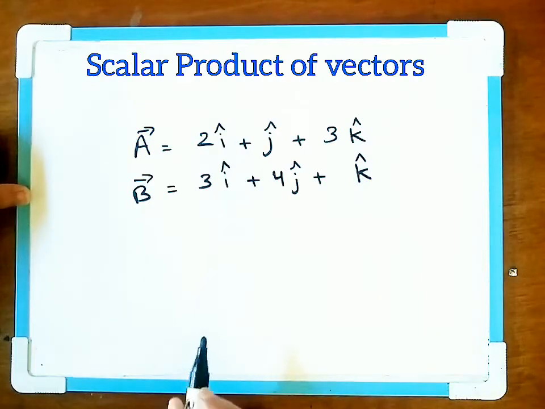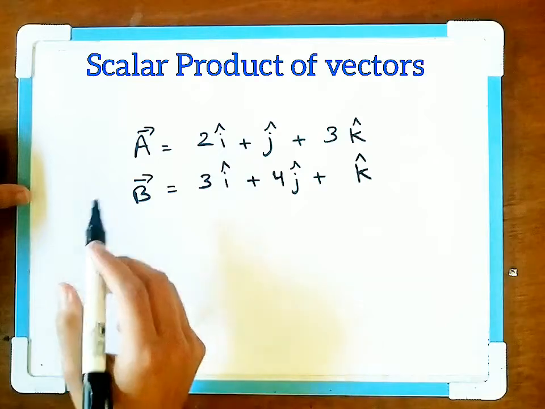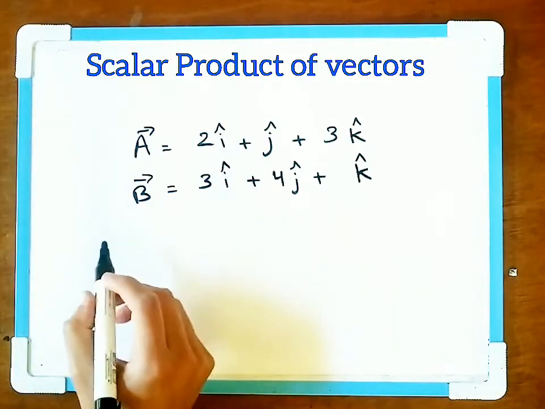So we have two vectors, a is this one, b is this, and we'll have to take the dot product of the two vectors.